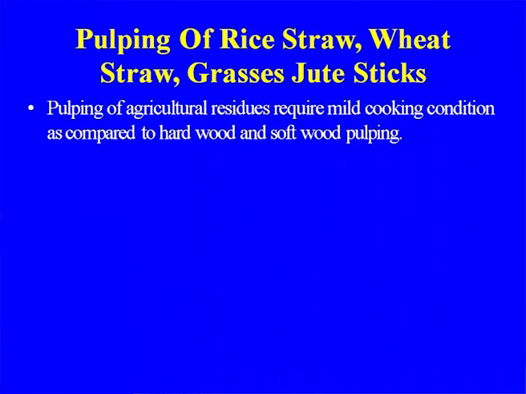This is about the pulping of the straw, which requires mild cooking, because in case of this agro, more silica is there and more soft is there. So, if you compare the cooking time, that is less in case of the agro based raw material.